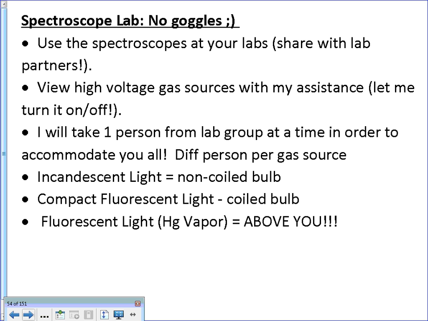This is the incandescent light. Everybody's lights are going to be on because you're going to be rotating around. That is the black light. You do not have to go in order, stick around.